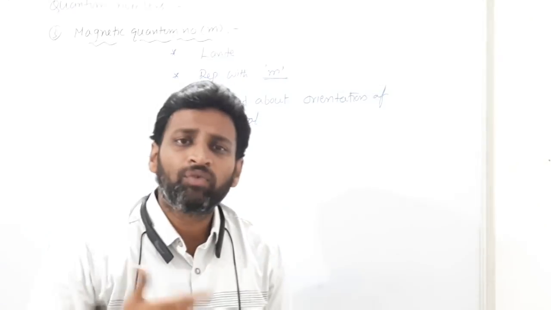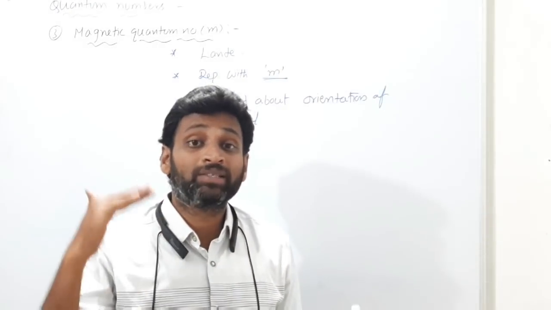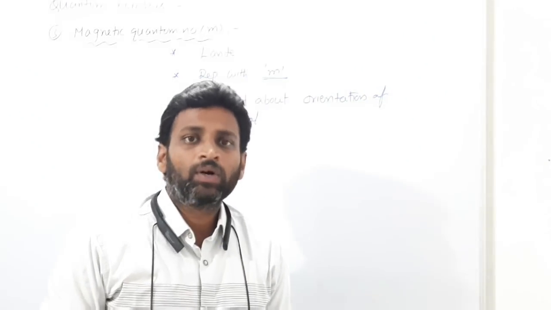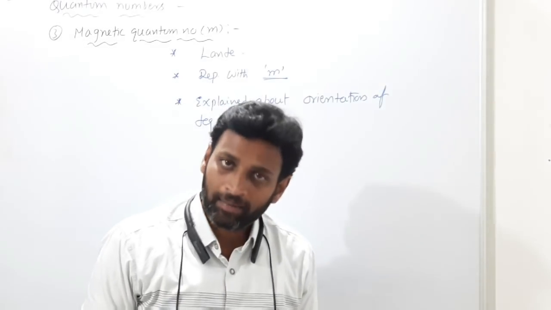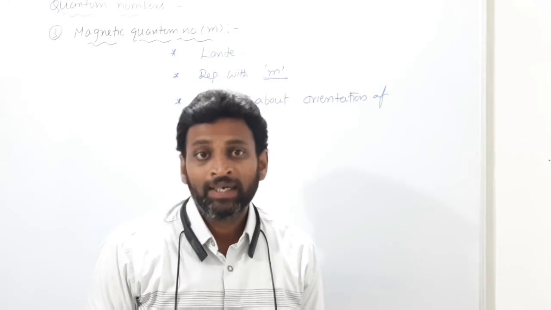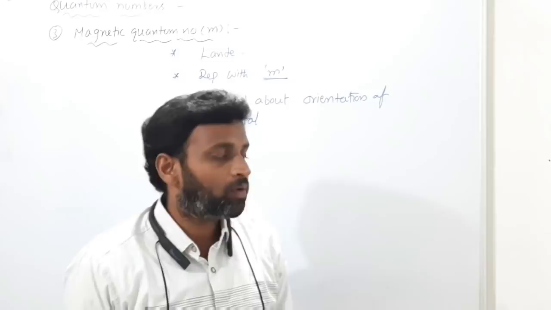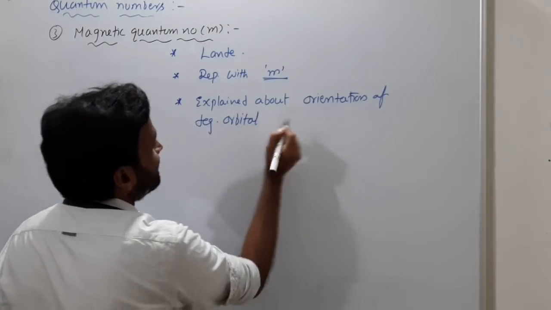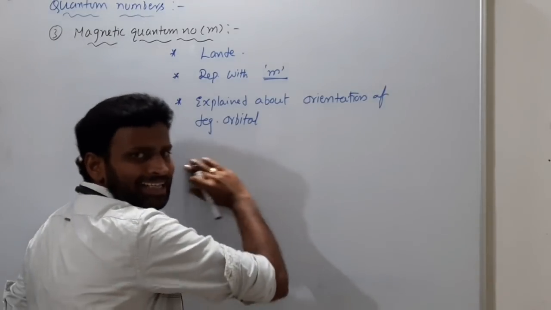What is the meaning of orientation? Orientation means a direction. So how many orientations are there, we will discuss here. It is very important for us. It explains the orientation of a degenerating orbital, or few people say atomic orbital.